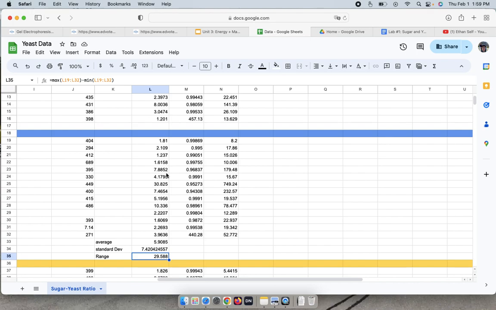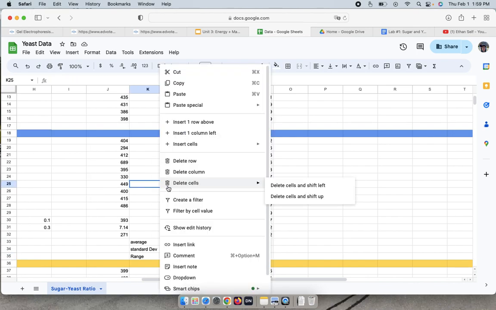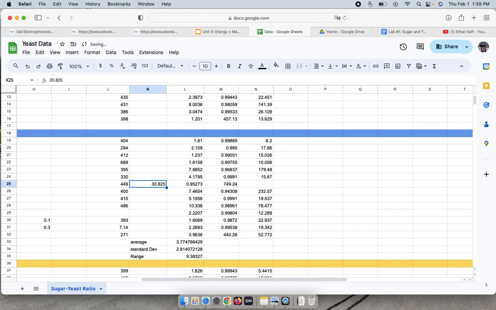Now, if you look at this data, there should be some very suspicious ones. For example, this row, 30.825, correlation is 95%. That seems pretty low, and an RMSE of 749.